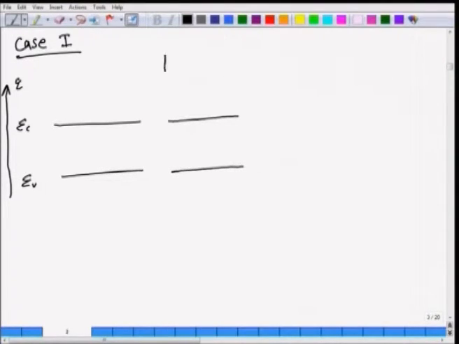On this axis is energy, E, and on this axis this time I am going to plot G_C of E, and on this axis we are going to plot G_V of E. What do they look like?